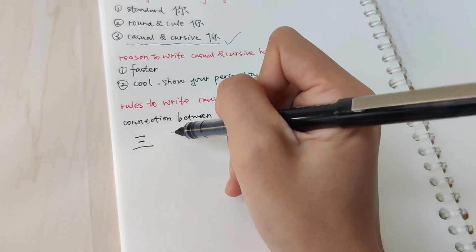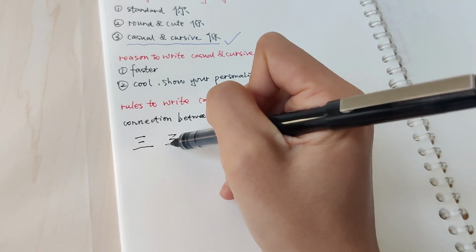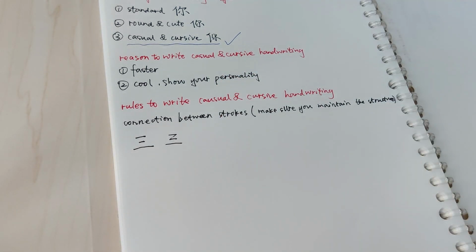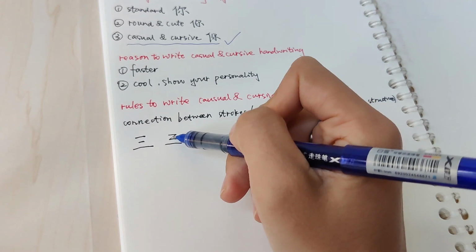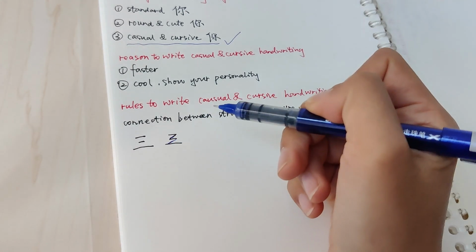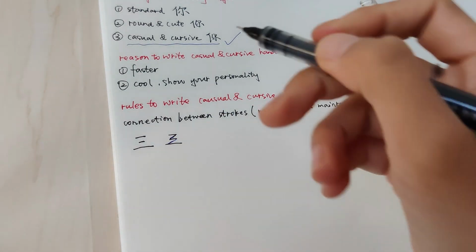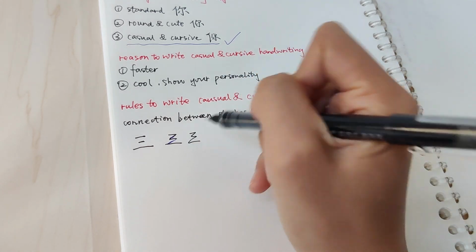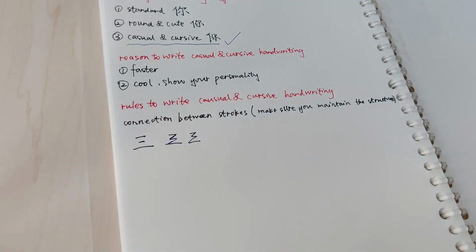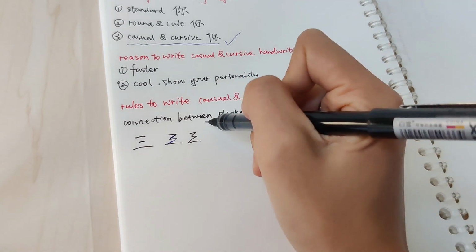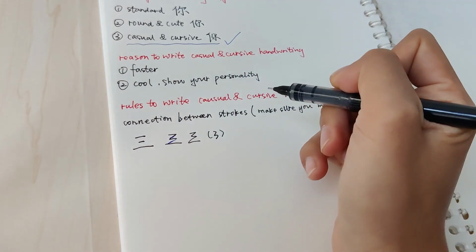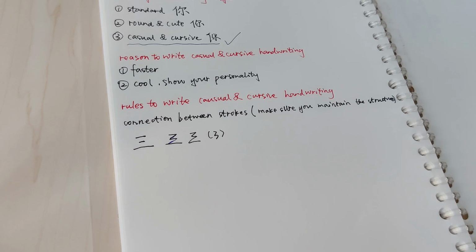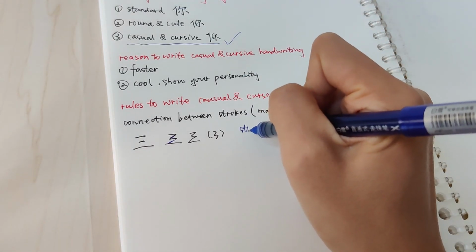So we go 1, 2, 3. See? Here is a little bit of connection between this and here. Let's try it again. Okay, it kind of looks like 3 now.